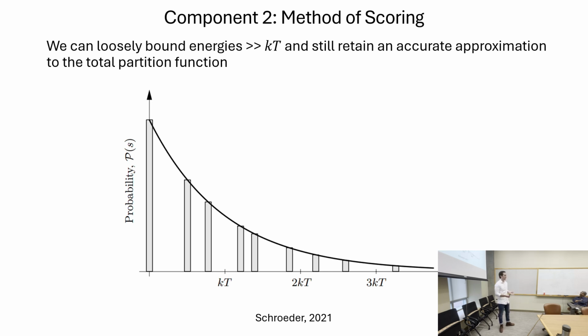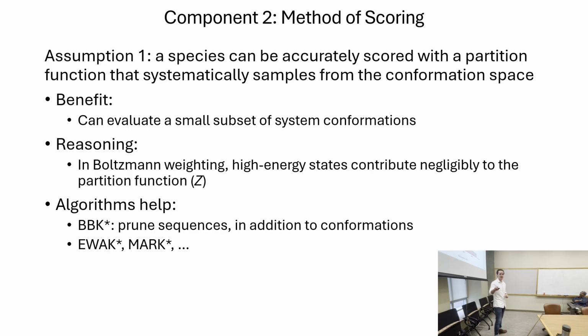If we're doing a search and we have all of our minimization-aware rotamers, the general idea is that if we have something at a very high energy, we can spend very little time refining the bounds of the energy because it contributes so negligibly to the running sum, which is the partition function. We might spend a lot of time in this region once we have good bounds, refining those bounds, but for conformations at a higher energy, we don't have to spend as much time because they won't contribute much to the partition function. I won't talk about pruning today, but that's the general idea.